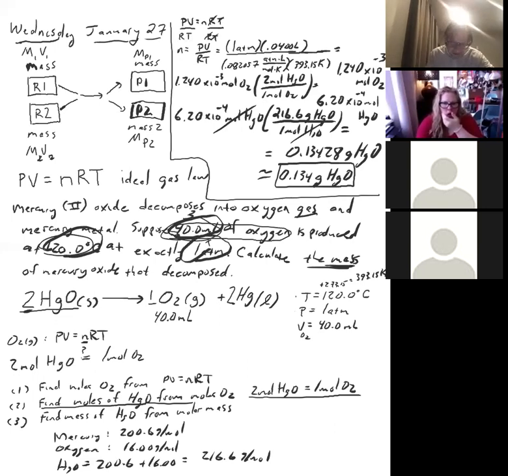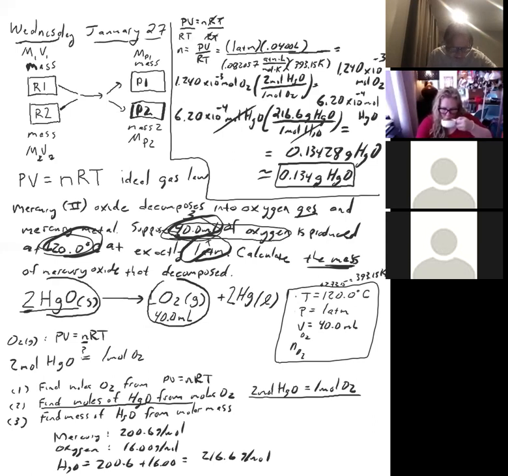So you take those variables, P, V, T, and use them to find the moles. PV equals nRT gives you the moles. Then they don't want to know how much O2 is in there. They want to know how much HgO decomposed to form the O2. So you're trying to find another material. That's where step 2 comes in. You find the moles of another material by using the balanced equation.